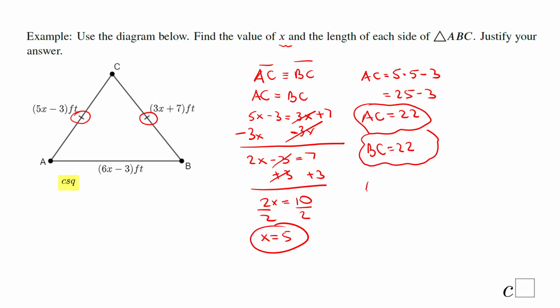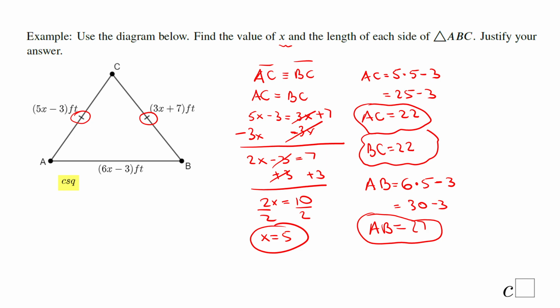And let's find AB now. AB is 6x minus 3. So that will be 6 times 5 minus 3, and that will be 30 minus 3, and that will be 27. That is how much AB is, and we finish this example.